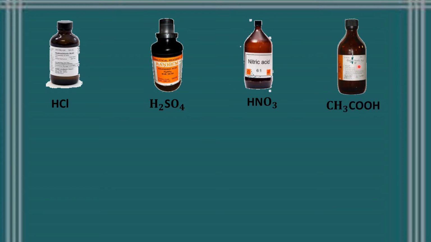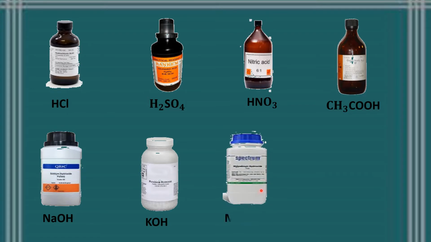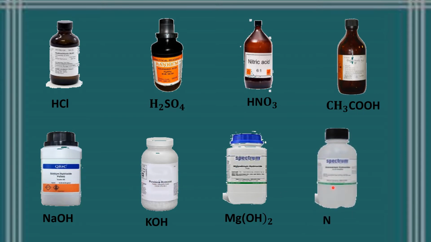All these four are solutions, that is the liquids. And this is sodium hydroxide. This is potassium hydroxide. And this is the magnesium hydroxide. These three are the solid substances. And this is ammonium hydroxide liquid. So these are the chemicals I am taking.